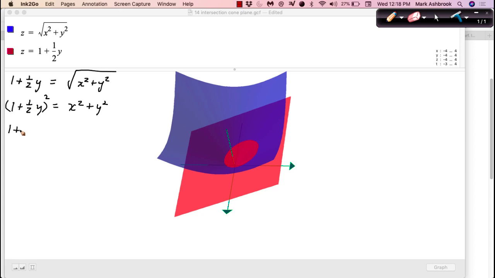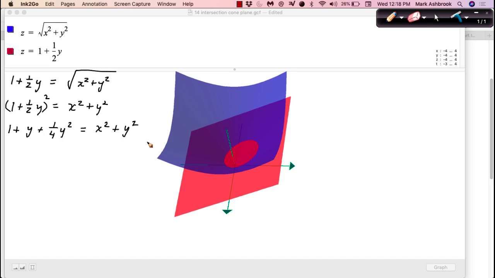So 1 plus 1/4 y squared. Nope, just y. Right, 2 times 1 times 1/2 y. Plus. Okay, so now the y squares don't go away the way they nicely did last time.